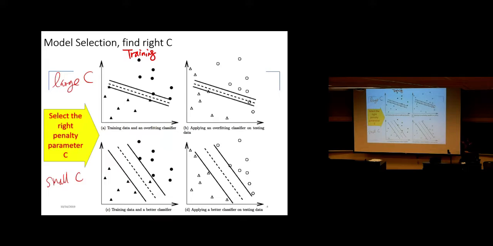Because of this, I mean, this is of course a little bit speculative, but I'm just trying to give you the concept. For the future data, it's highly likely to make errors because of these three points. The only difference between the large C case and the small C case is actually only one point, whether to allow this point to be wrongly predicted or not.